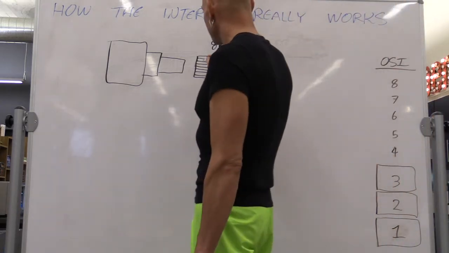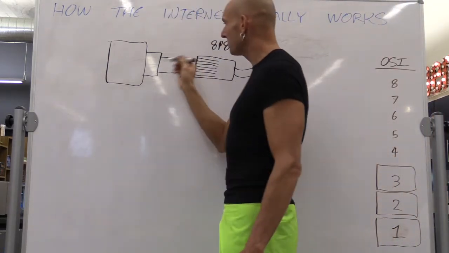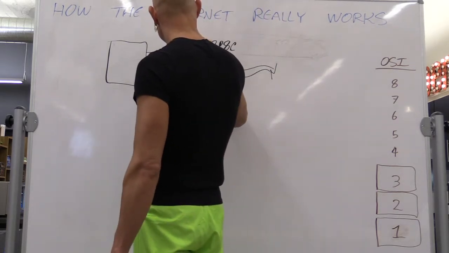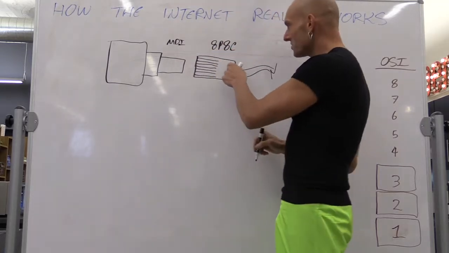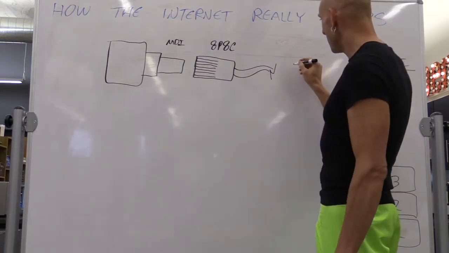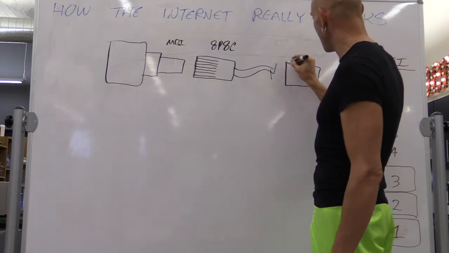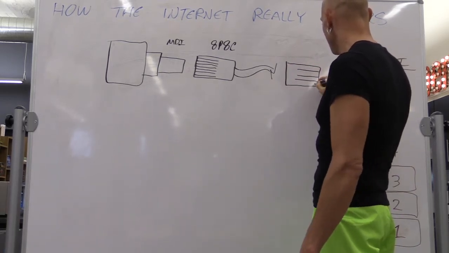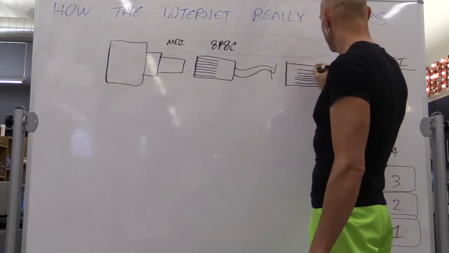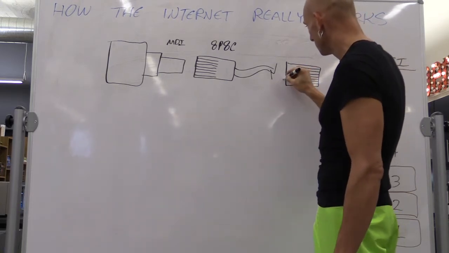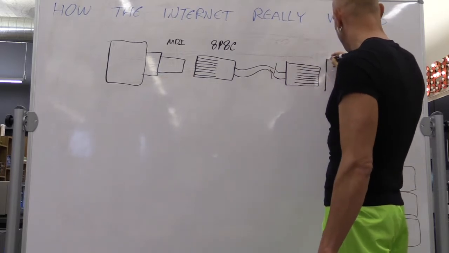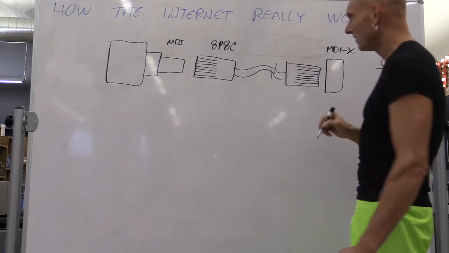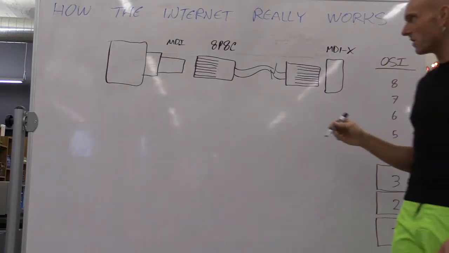On the computer end of this, the MDI has 8 connectors. The plug has 8 connectors. And then on the switch or the hub side, I'm going to call it a hub for a bit while I get around to why, it's the other end of this cable. It's something called an MDI-X. The X indicates crossover.